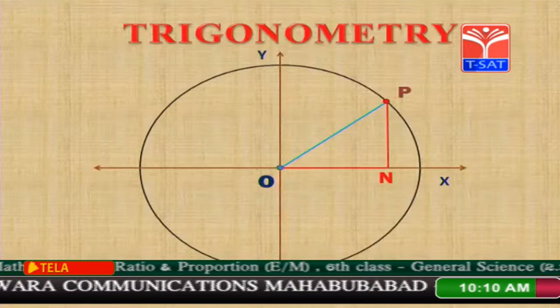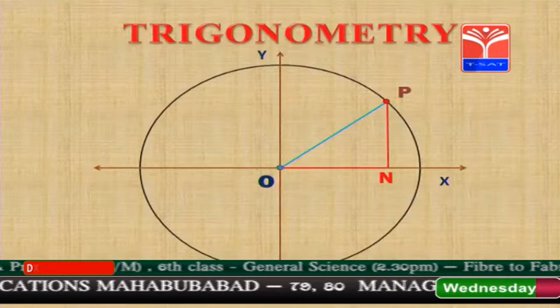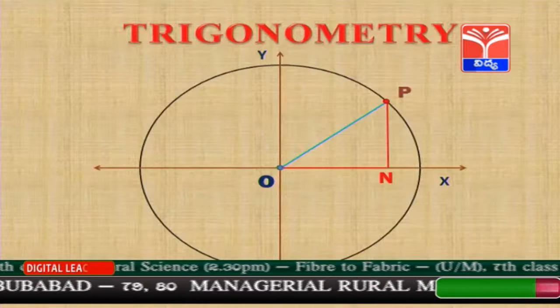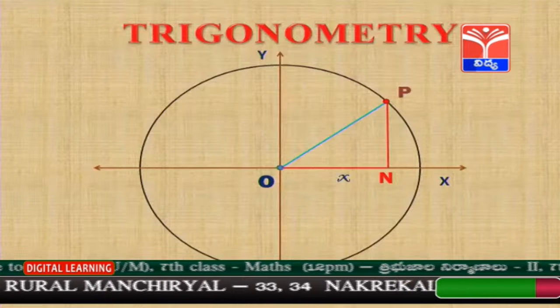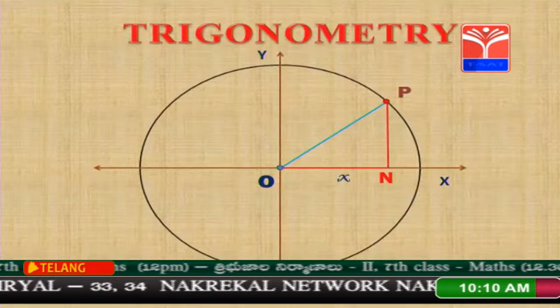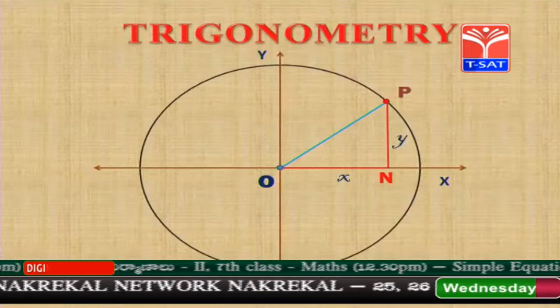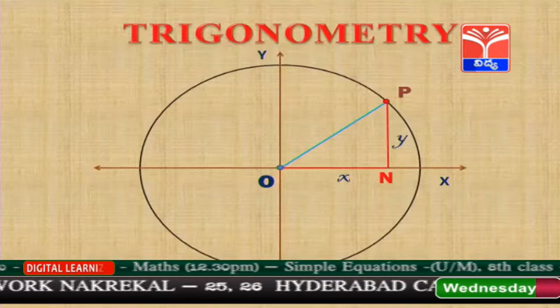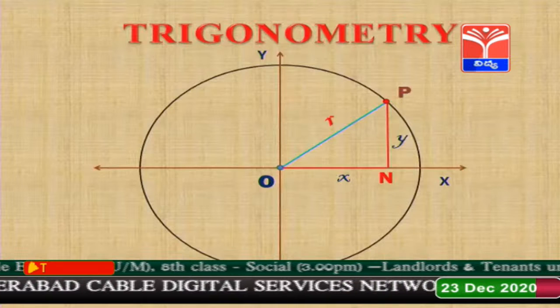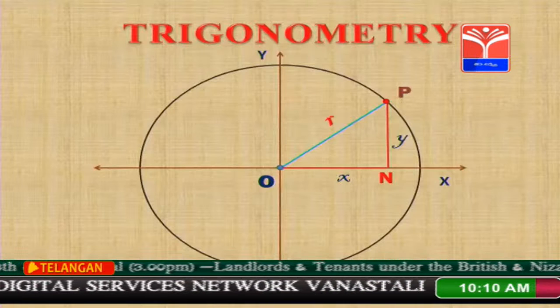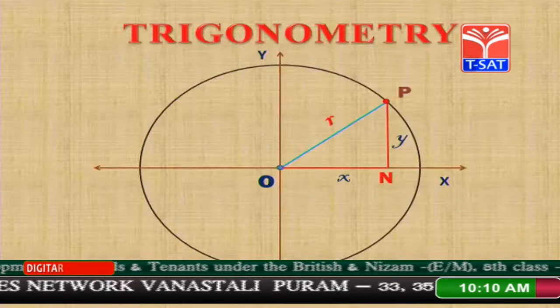I am going to denote it with On, so that I am going to call OPn a right triangle, where On is denoted by the value x, and similarly Pn is denoted by the value y. Now, what could be OP, which is called the resultant and denoted by R.